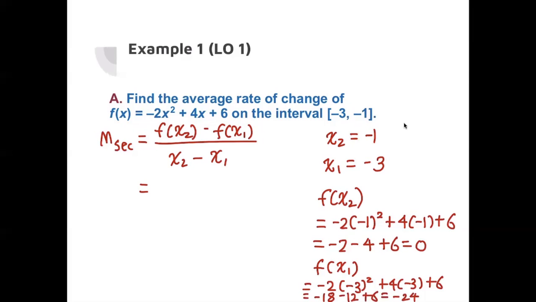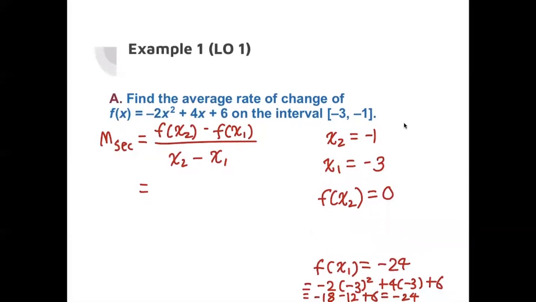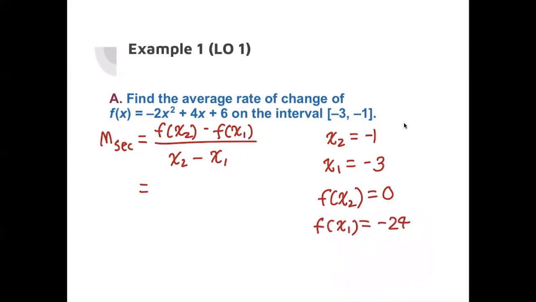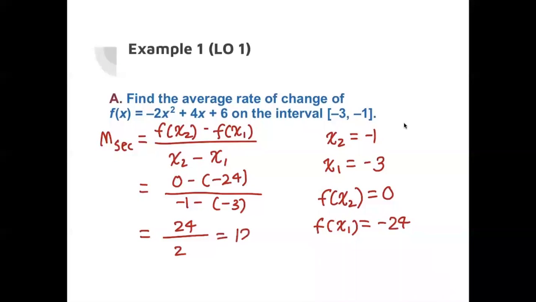Okay, I'm going to rewrite this here, and I'll erase my messy calculations. Great. So we're just going to plug into the equation that we have, right? So it would be 0 minus -24 over -1 minus -3, 24 over 2, which is 12.